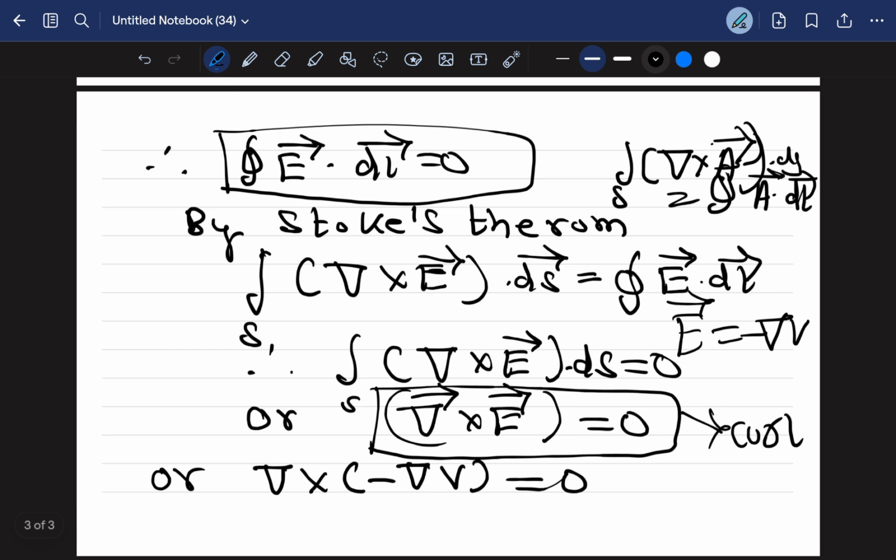That means it is a conservative field or an irrotational field. That means the work done by the electric field on a unit positive charge, or any charge, in a closed path is equal to 0, or the work done against the electric field by an external force to move a charge in a closed path is equal to 0.